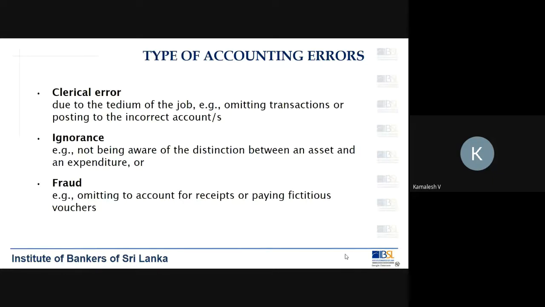Right. Now we come to the types of accounting errors. The first type of error is very common. We call it the clerical error. What is a clerical error? In most businesses, the person involved in record keeping or bookkeeping performs those functions and is called the clerk.